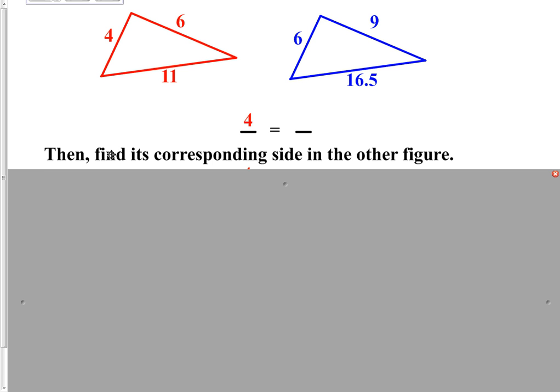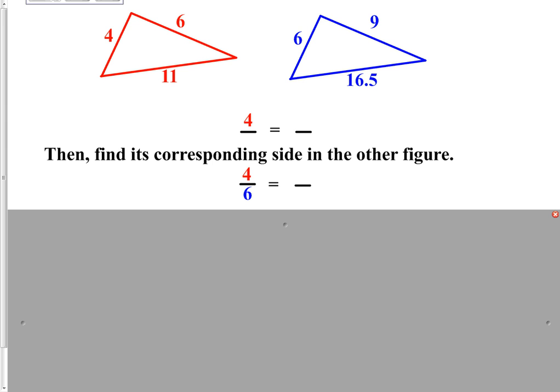You see what I did there? By picking on a particular characteristic, the smallest value, I don't have to worry about where the figure sits or what position it's sitting in, because I matched them up by size. So the smallest on the left corresponds to the smallest on the right. So 4 is to 6.